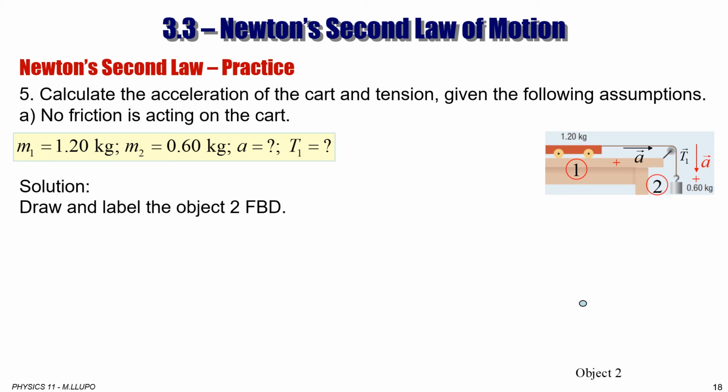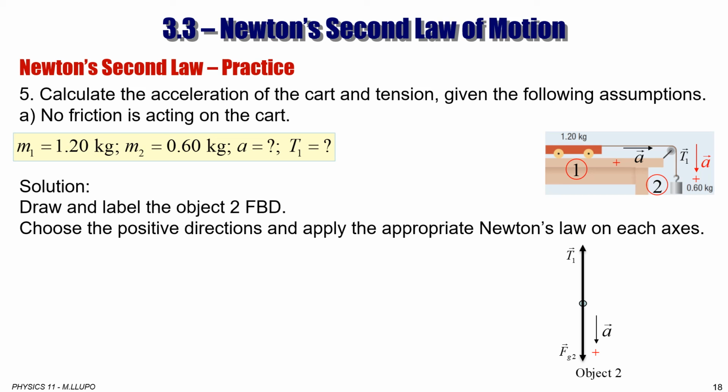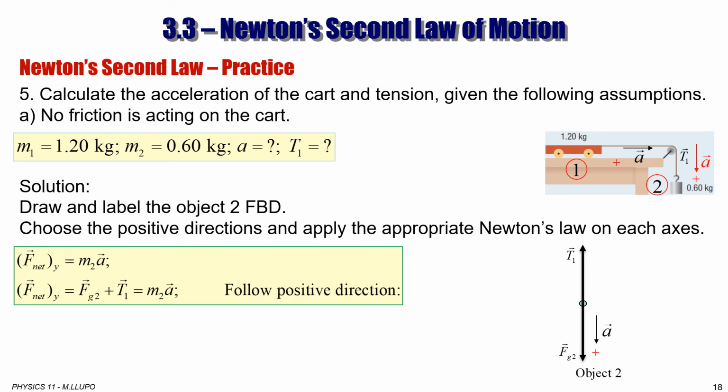Now we can draw and label the object 2 free body diagram. Object 2 free body diagram is simple because we have only one direction. It's Fg2 and T1. The direction of the acceleration is down, so then we can use the second Newton law on that direction, on the y-axis.